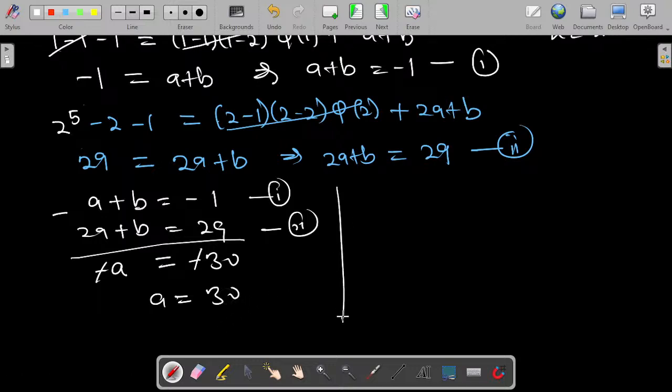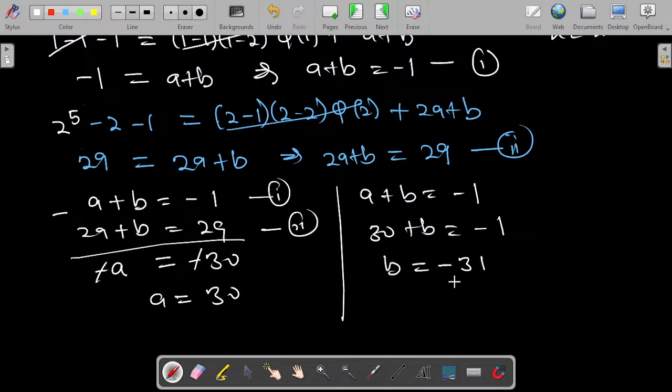Having gotten our a as 30, we can substitute into equation 1 to get our b. Equation 1 is a plus b is equal to minus 1, so we have 30 plus b is equal to minus 1. Okay, Munachi, that's okay. So our b is equal to minus 1 minus 30, which is minus 31.